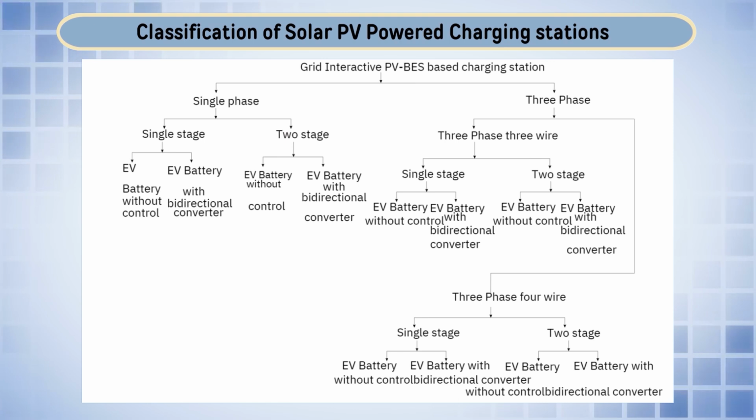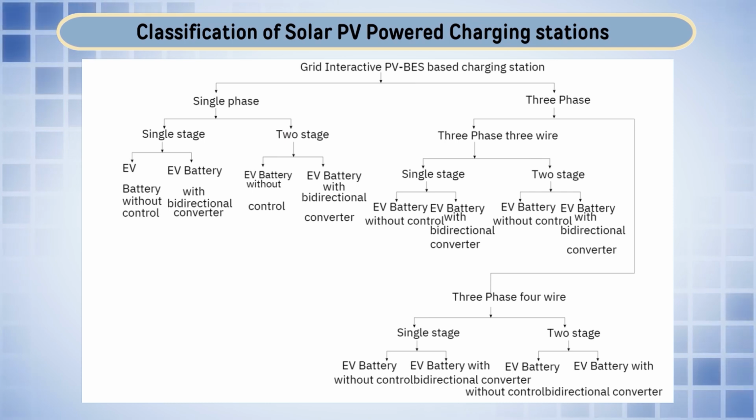Similarly, the 3 phase charging station is classified in 2 ways, 3 phase 3 wire and 3 phase 4 wire, because sometimes we realize there is load unbalancing, where in some of the phases people have put extra load. So, there is an unbalanced supply which we are getting from the load side. In that case the magnitude of neutral current will be high and we need to mitigate this neutral current.